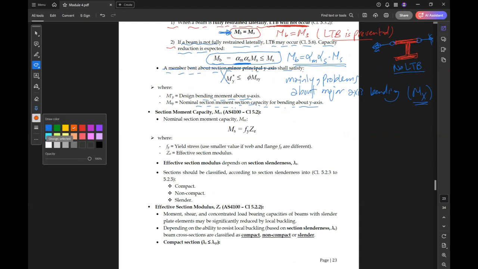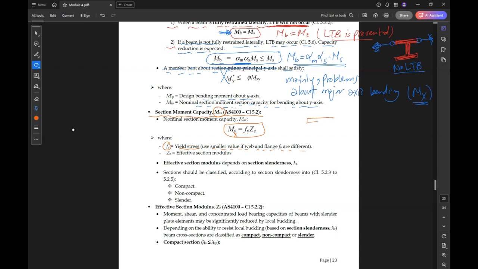For the section moment capacity, MSX equals F yield times ZE, where F yield is the yield stress, using the smaller value of the web and flange, because for some steel types or cross sections, they give a value of F yield for the flange and for the web.